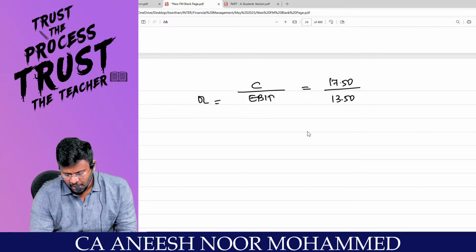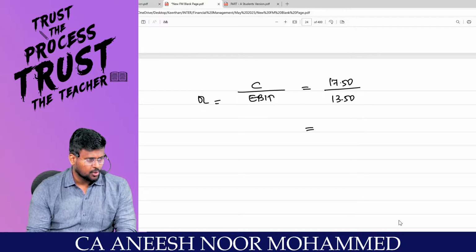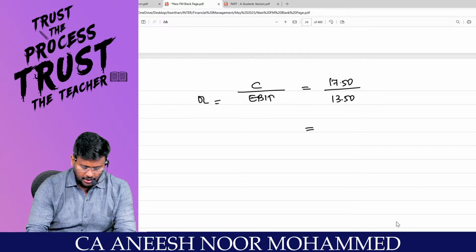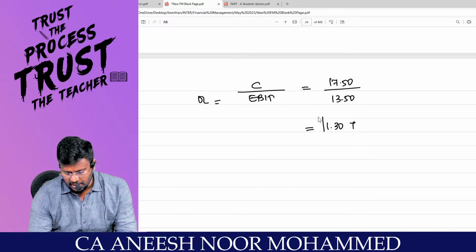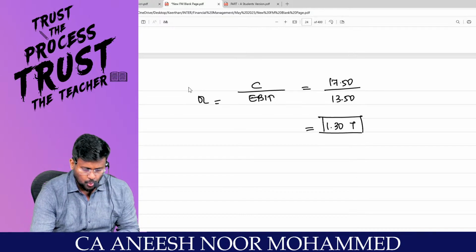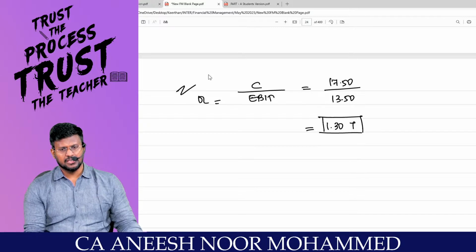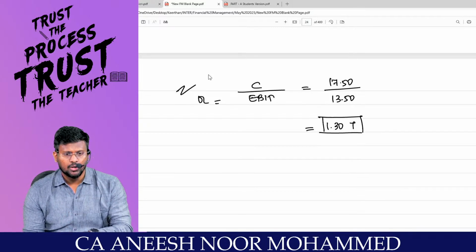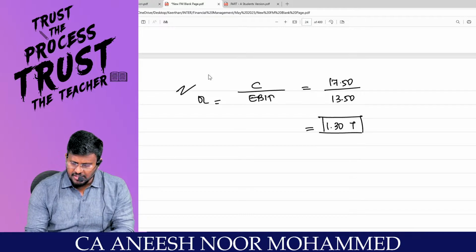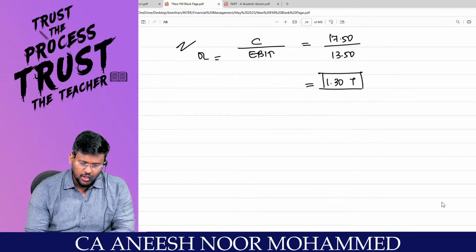So 17.5 crores divided by 13.5 crores comes to 1.30 times is the operating leverage. So what is the interpretation of this? If 1% change in sales will lead to 1.30 times change in EBIT.